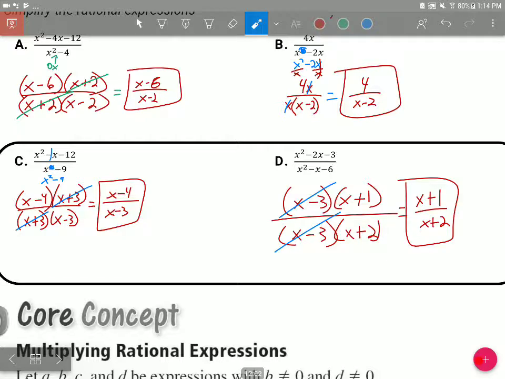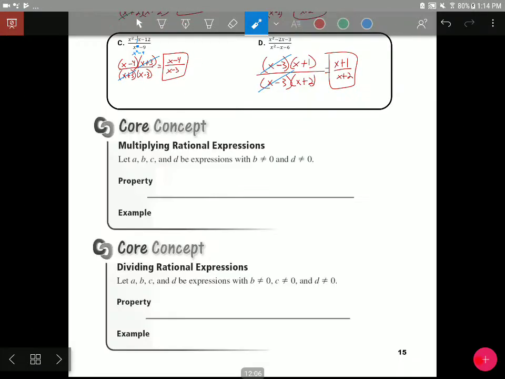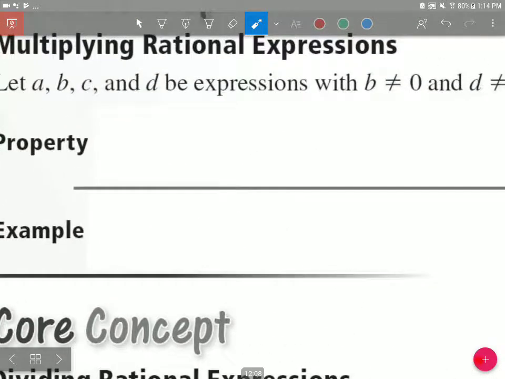All right, multiplying. If we're actually multiplying two of these expressions together, let's say A over C times C over B, okay? And again, those represent numbers or polynomials or whatever. But I can cancel things out across a multiply sign.